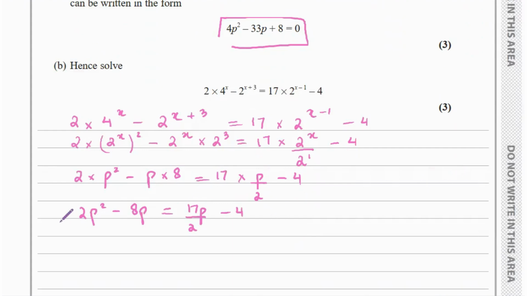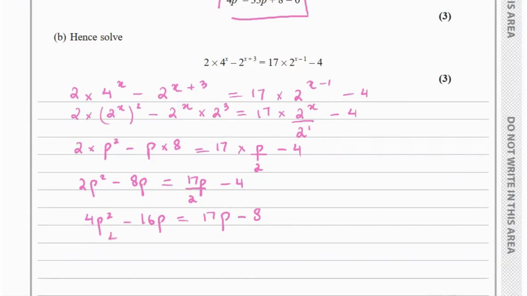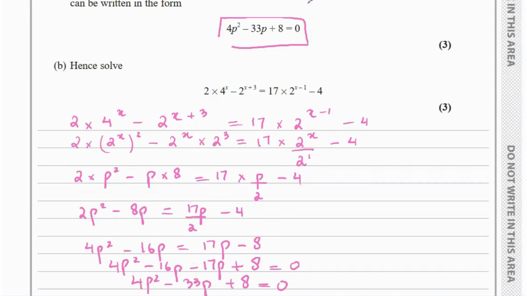Multiply all of the terms by 2 to get rid of the fraction. 4p squared minus 16p equals 17p minus 8. Collect the terms on one side. 4p squared minus 16p minus 17p plus 8 equals 0. That's going to be 4p squared minus 33p plus 8 equals 0, which is exactly the same form given in the question. So this is your answer to part A.